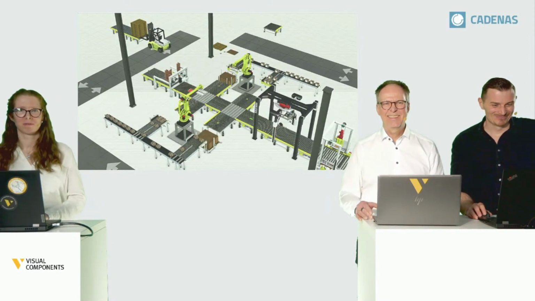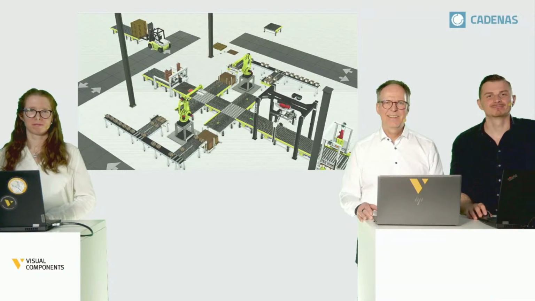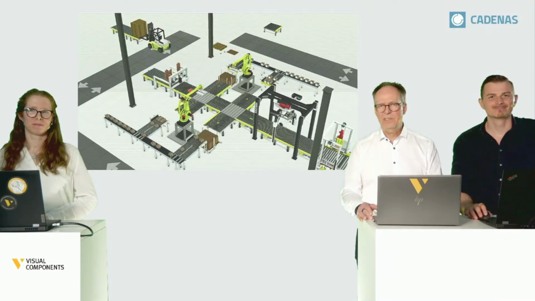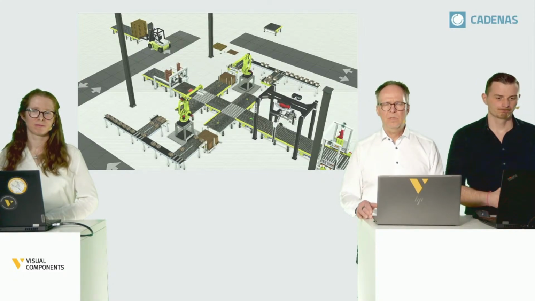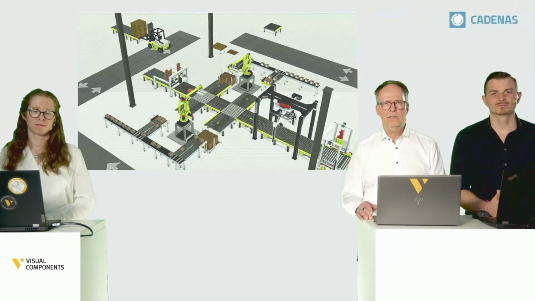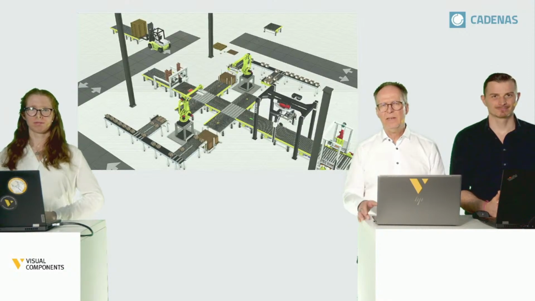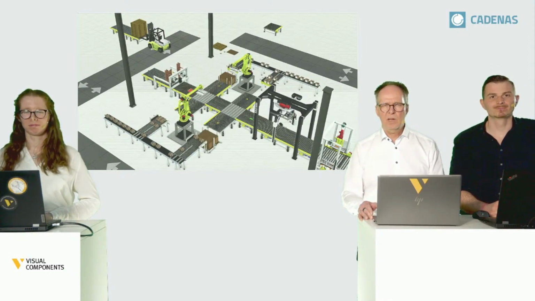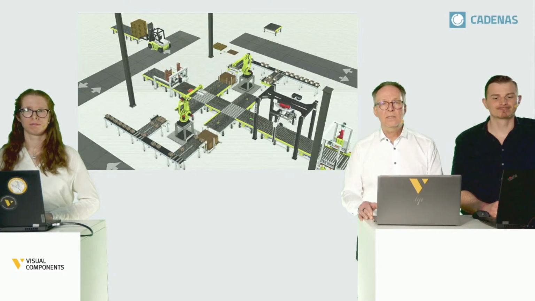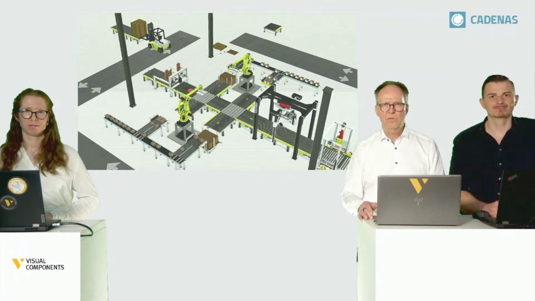Okay, so the next question is, is the CADENAS plugin included in all VC packages? Oh yeah, thank you for this question. We have 3 packages coming with Visual Components: Essentials, the basic package; Professional, the middle package; and Premium, our highest package. The CADENAS integration comes with the Professional, the middle package, and it's also included in the Premium package.